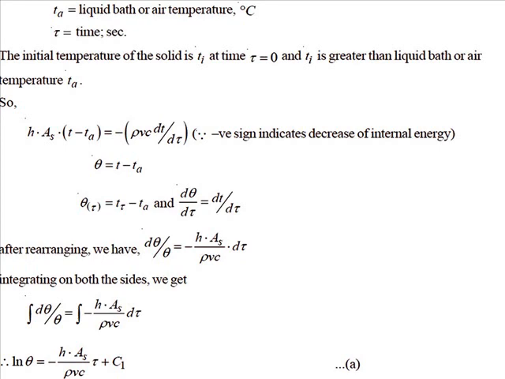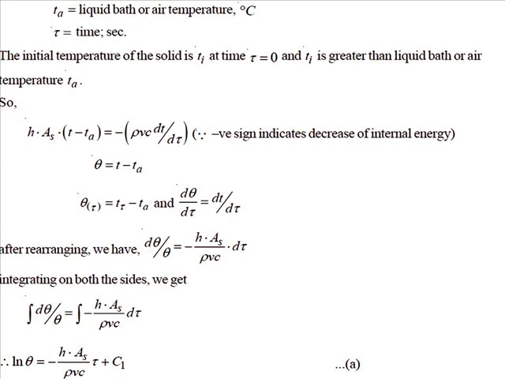Upon integration we will get ln theta, that is log base e of theta, the temperature excess T minus Ta, equal to minus h As divided by rho V c into tau plus C1, where C1 is the integration constant.